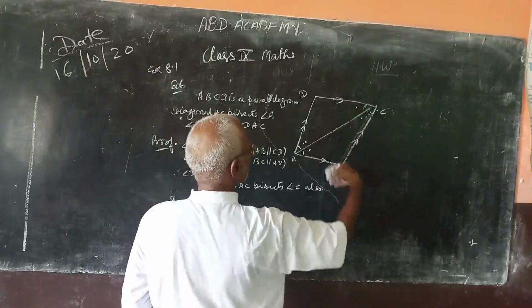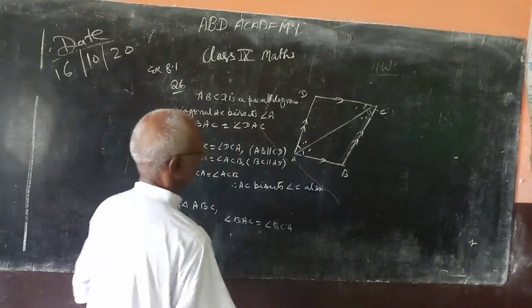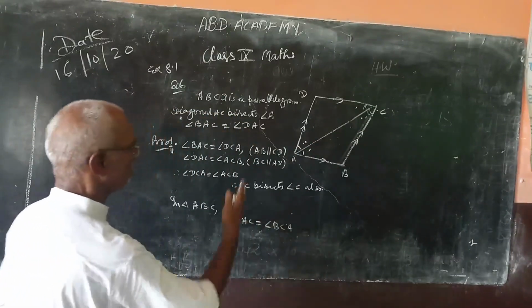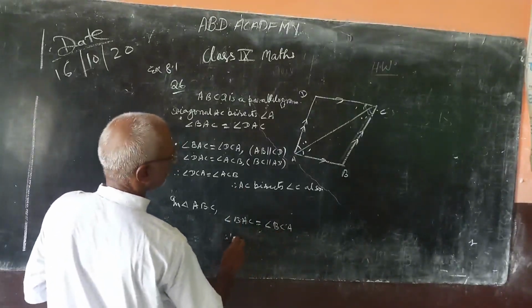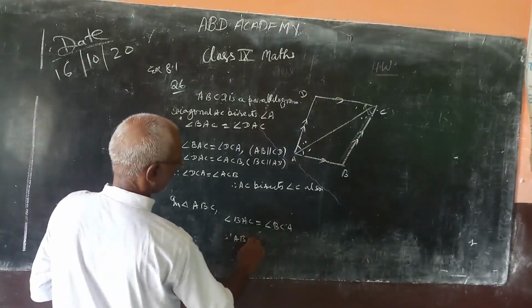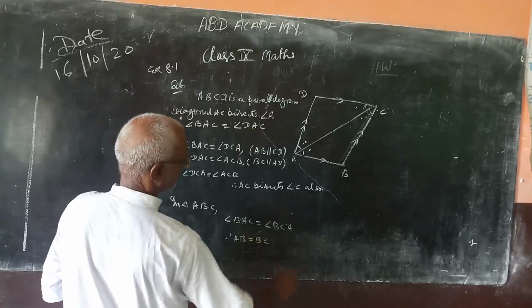Therefore BAC and BCA are equal, but these are base angles of triangle ABC. Therefore AB is equal to BC.